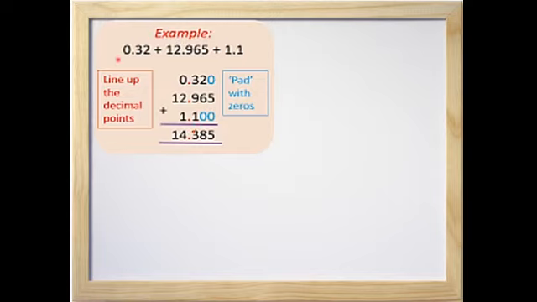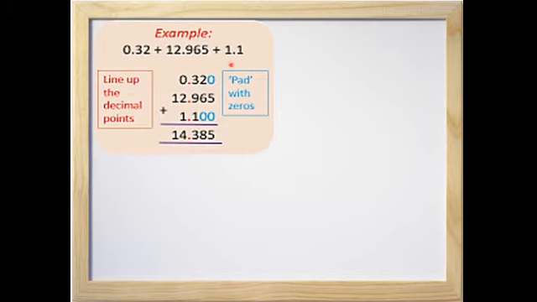So here let us convert 0.32, which is having two decimal places. So we will add one 0 to make it a like decimal. So now it becomes 0.320. Bring this 12.965 just like that below the other number. And then we have to convert 1.1 into a like decimal, that is by adding two zeros.